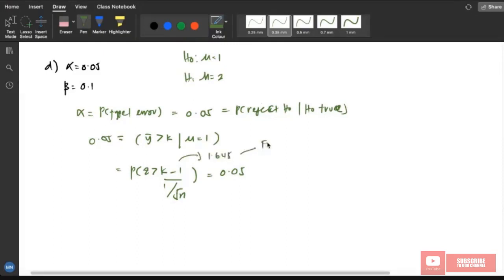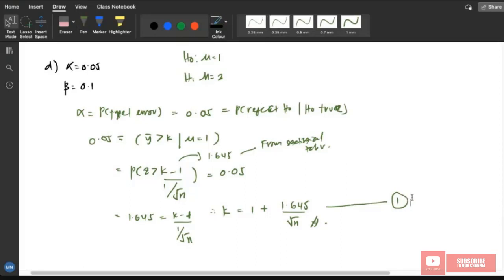This is from the statistical table. Right. So 1.645 equals (k minus 1) divided by 1 over square root of n. So k here should be equal to 1 plus 1.645 over square root of n. So this is our first equation.